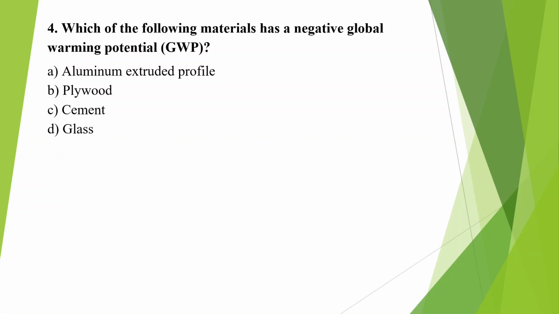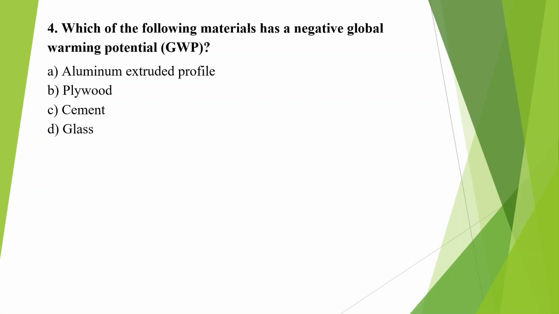Here is question number 4 for you all. Similarly to question number 3, try to give your point of view and answer for question number 4 in the chat box as well. Which of the following materials has a negative global warming potential? Negative global warming potential simply means that it is not producing global warming potential.